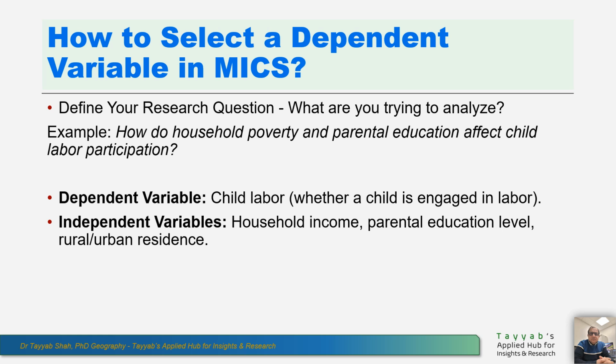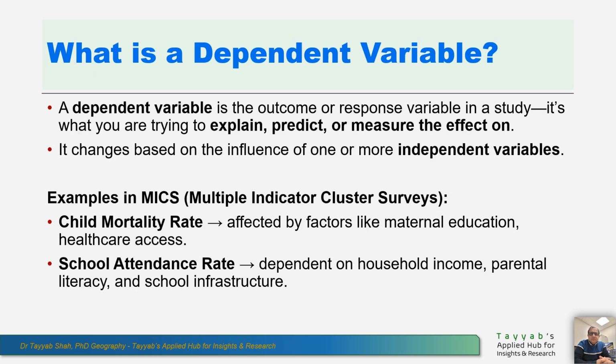So what are the kinds of dependent variables you have that you can use in this research? I'm going to explain the different possibilities based on the multiple indicator cluster survey data sets. So what is a dependent variable?